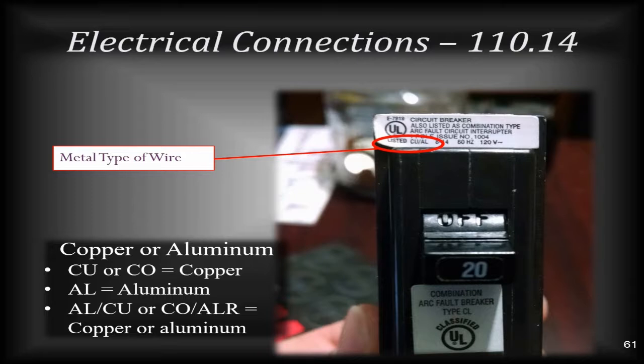Usually CU or CO will mean that you can use copper. AL or ALR is used for aluminum. So if it says AL/CU or CO/ALR, that's going to equal copper or aluminum. That slash in the middle is an either-or.